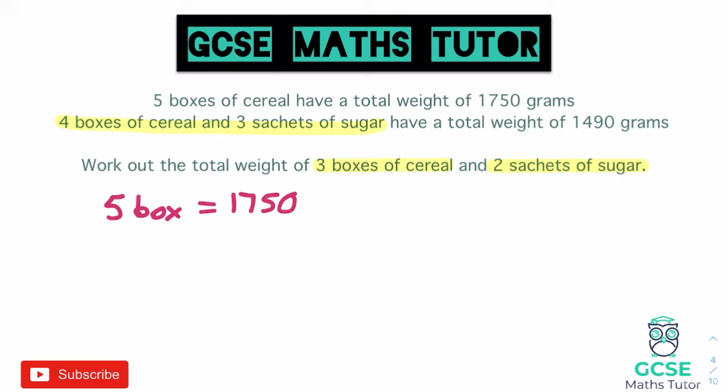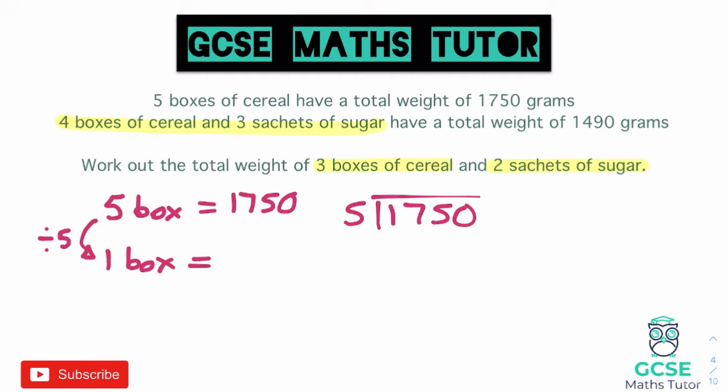So our first step to get the weight of one box would be to divide that by 5. So 1,750 divided by 5, well 5 goes into 17 3 times, remainder 2, goes into 25 5 times, and then 0 at the end. So the weight of one box is going to be 350. Of course this is in grams.